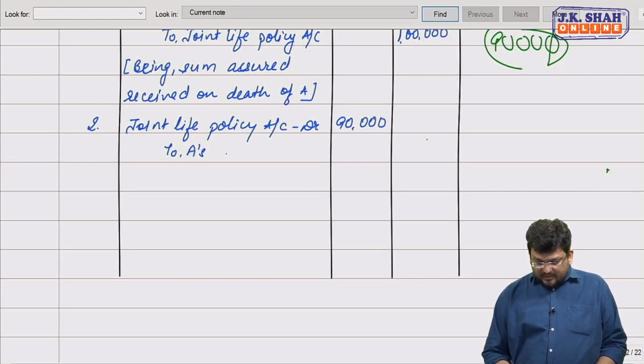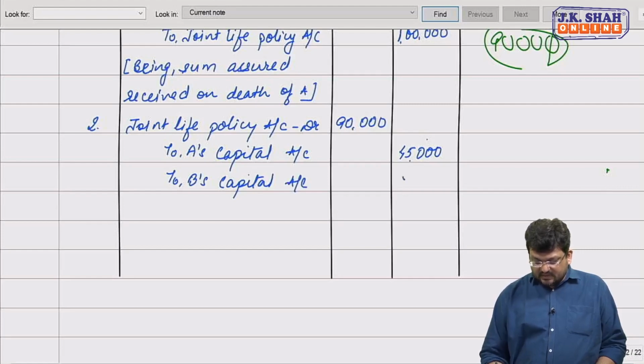To partners' capital. To A's capital 45,000, distributed in their profit sharing ratio, to B's capital 27,000, and to C's capital 18,000.